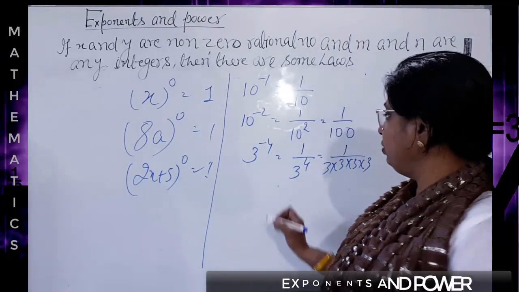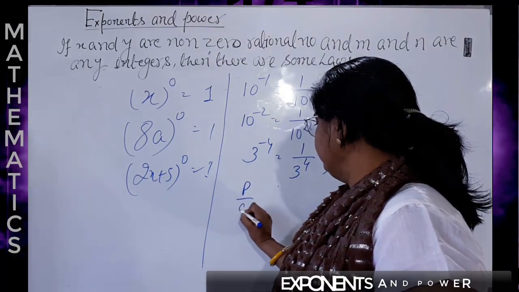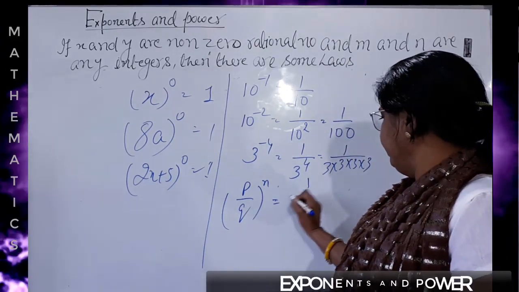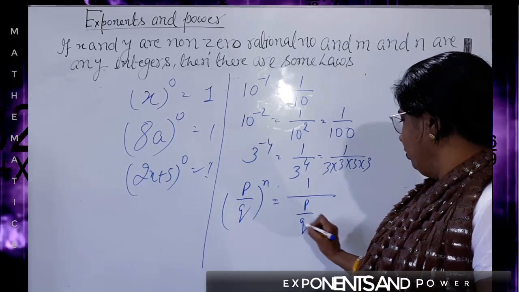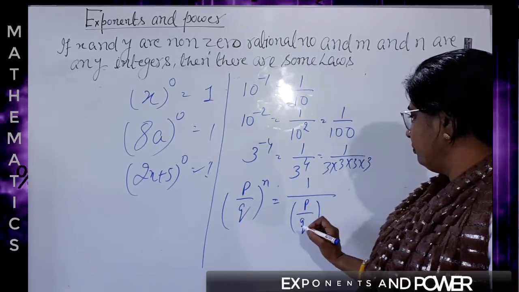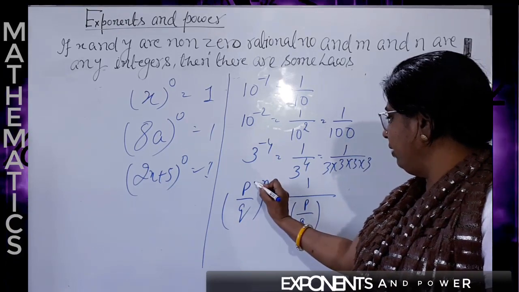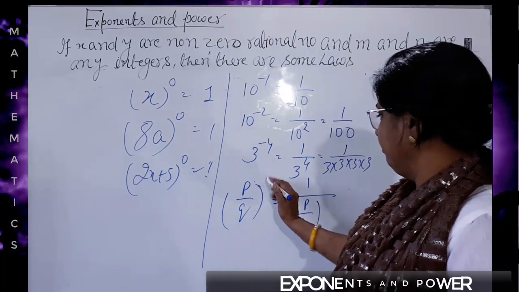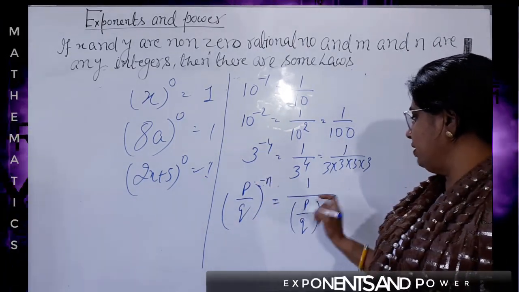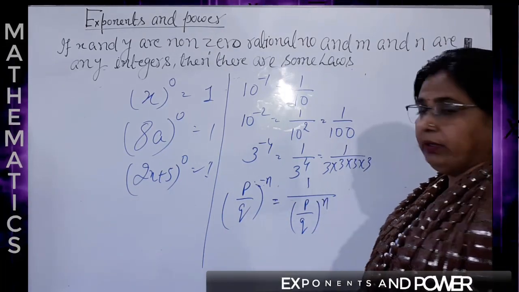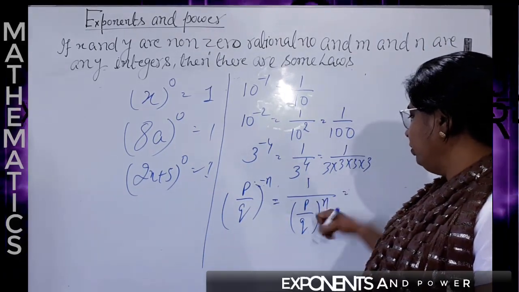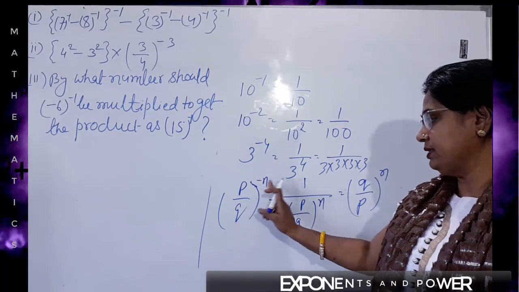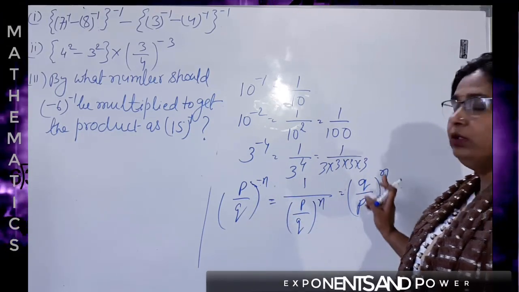Then p by q whole to the power minus n can be written as 1 by (p by q) to the power n, which is equal to, q going up, (q by p) to the power n.